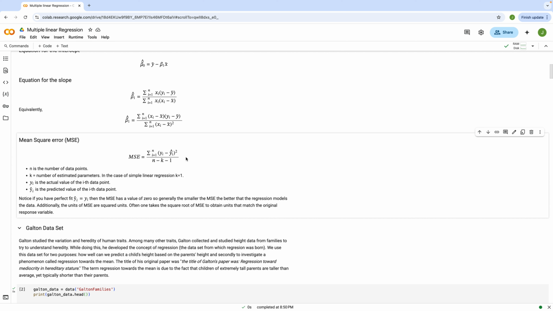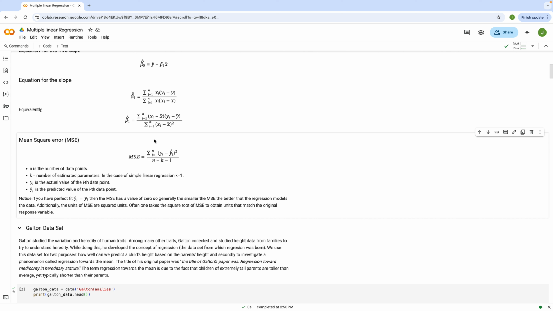So in the case of simple linear regression, k is just 1. And when you include two input variables in your regression, k would be 2. So k is just however many input variables you have in your regression model.